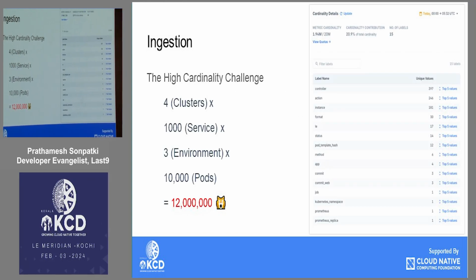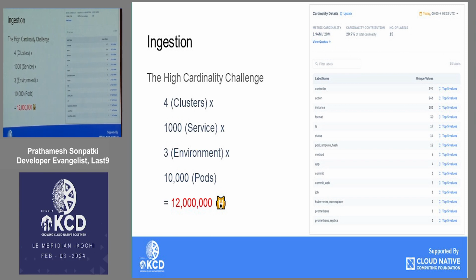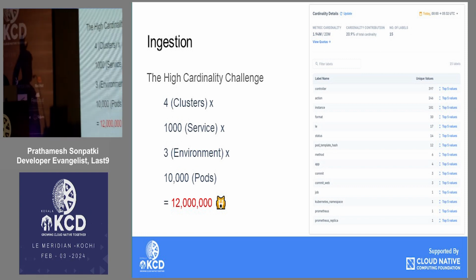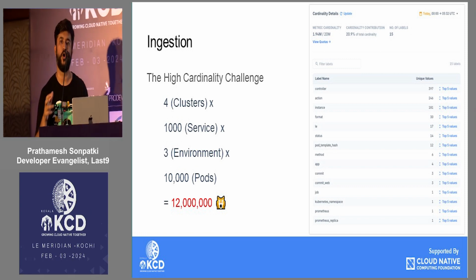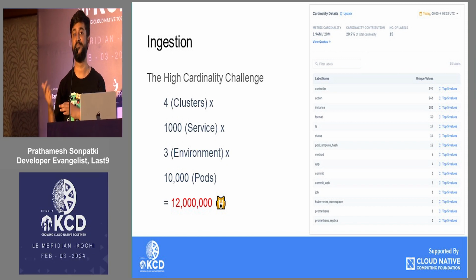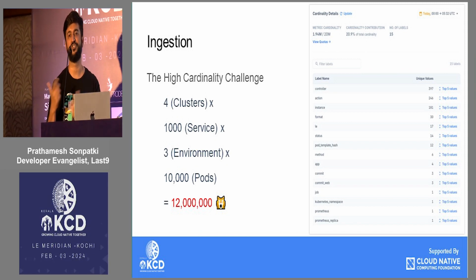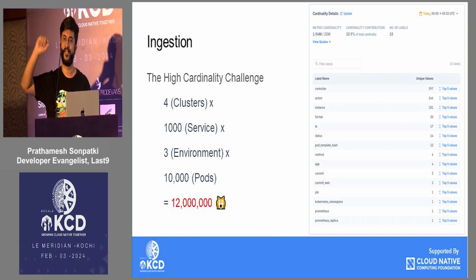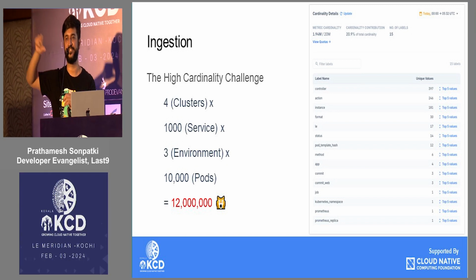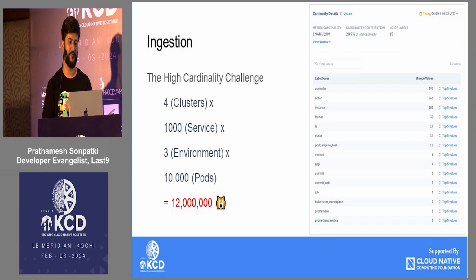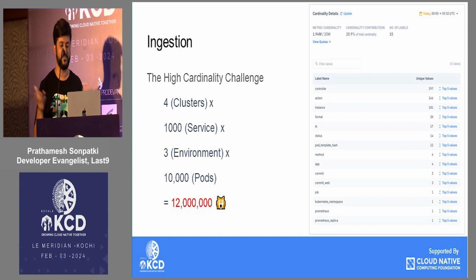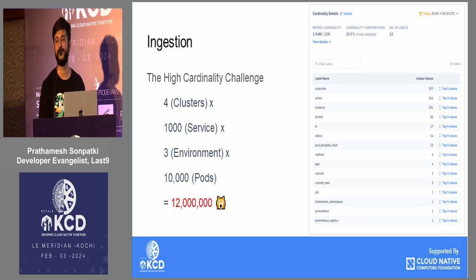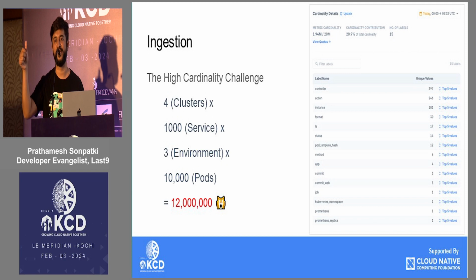The biggest challenge at the ingestion layer, because of lack of workflows, is the high cardinality challenge. How many of you have heard of this term, high cardinality? Okay, some of you. So high cardinality is basically a combination of different unique time series that ultimately chokes your storage layer, because as your ephemeral pods and instances increase, it creates that many unique combinations of label key-value pairs. For example, if I have 4 clusters, 1000 services, 3 environments, and 10,000 pods, if I multiply all of these, it will ultimately result in 12 million unique combinations of data.